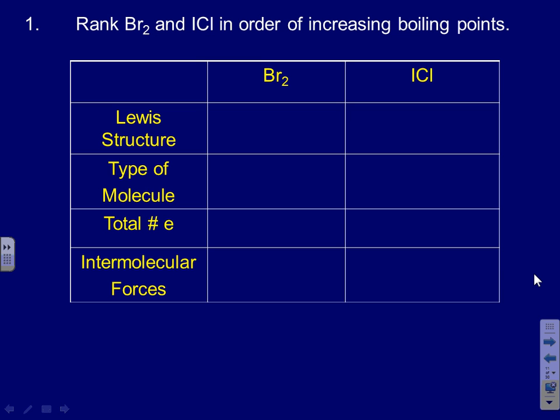Now, this is an iodine and a chlorine. All right, that looks a little goofy. It looks like an ICl, but that's an iodine and a chlorine because we want to maintain a diatomic structure.